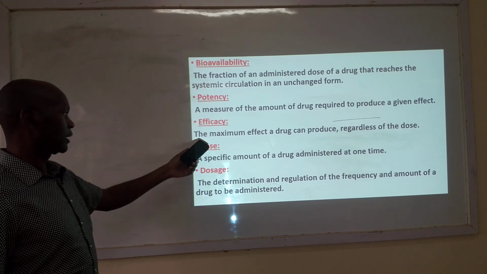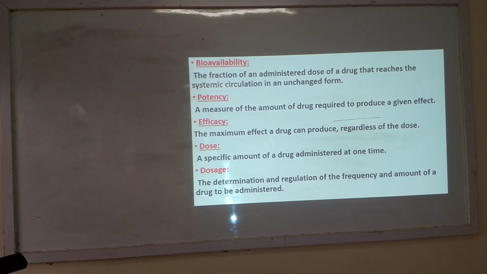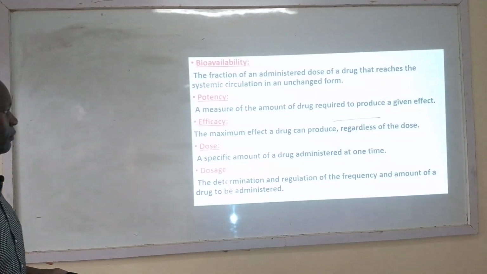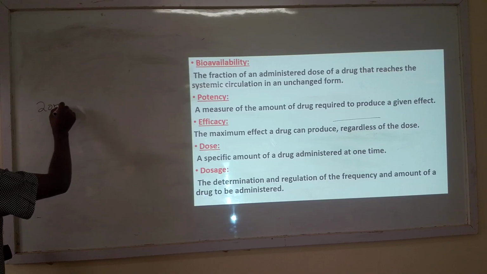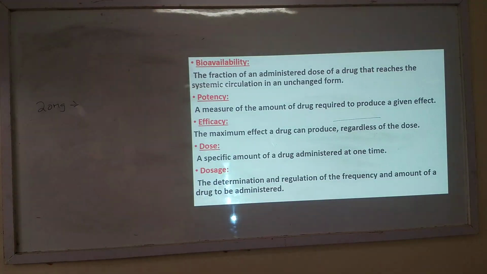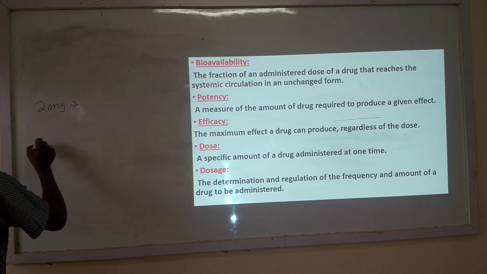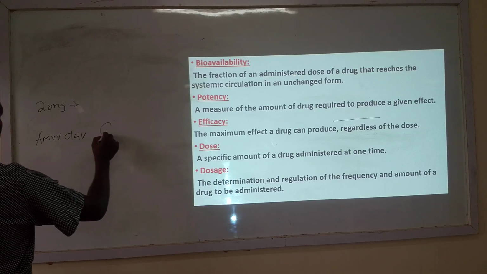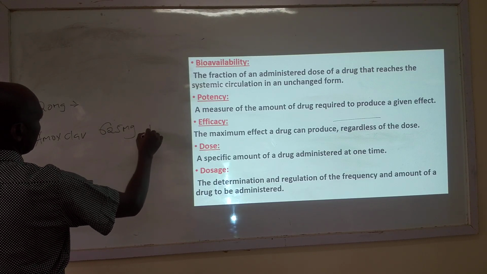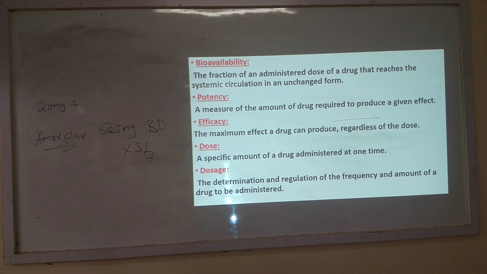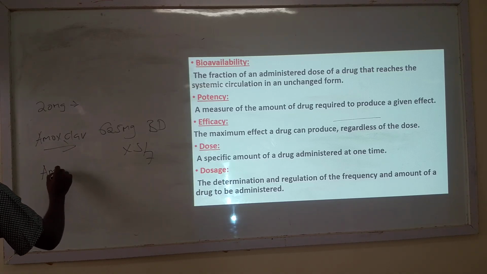Then you have two terms here, dose and dosage. They are different. A dose is a specific amount of a drug which you administer at one time. For example, nifedipine 20 milligrams, if I give you one tablet to take, that is a dose. But if I give you, let's say, amoxicillin 625 milligrams BD for 5 days, now this becomes dosage because it shows you the amount of the drug.